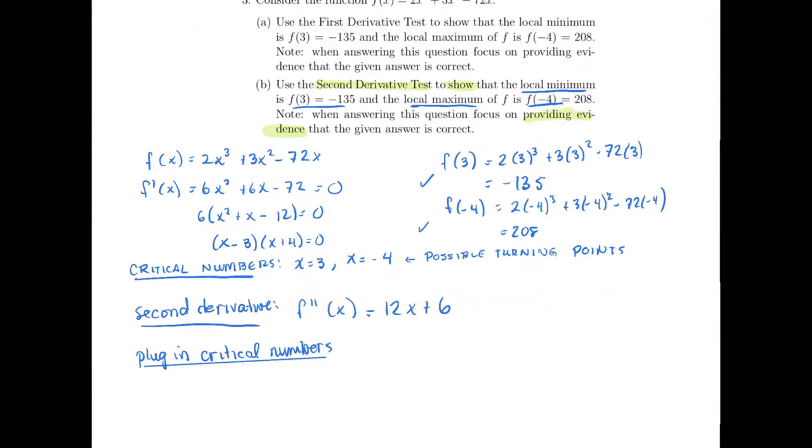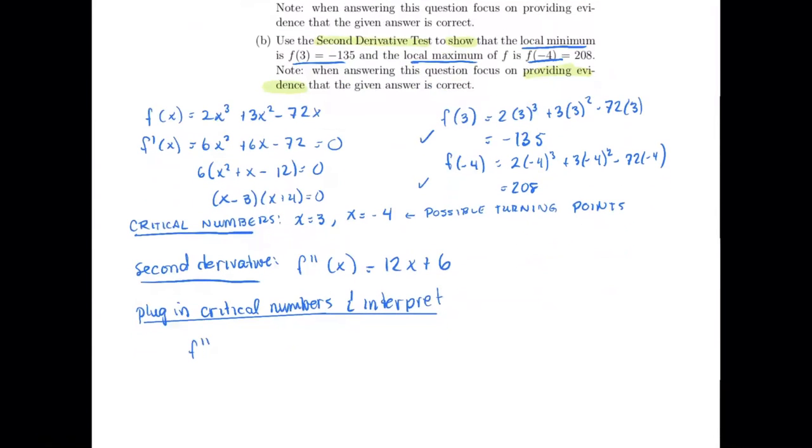This doesn't need to be here. Okay, so f double prime of negative... So let's do it like this. We're going to plug in the critical points and interpret at the same time. That way, some of you are looking for something shorter, so this will give you something shorter.